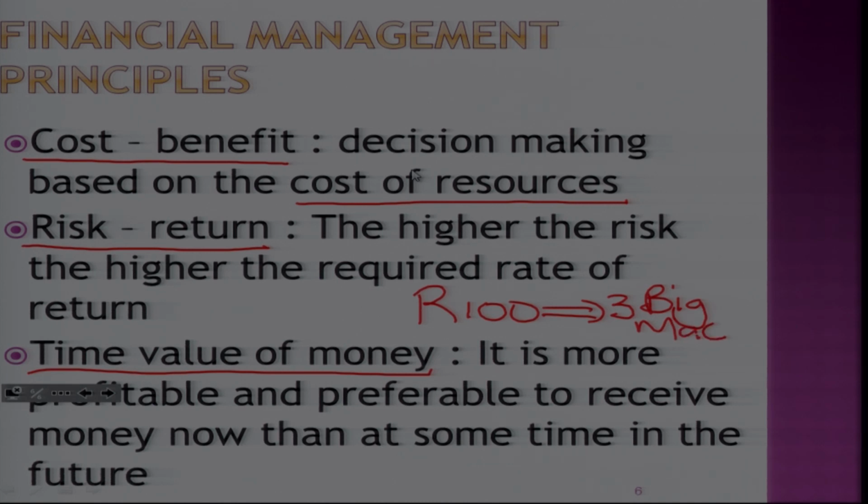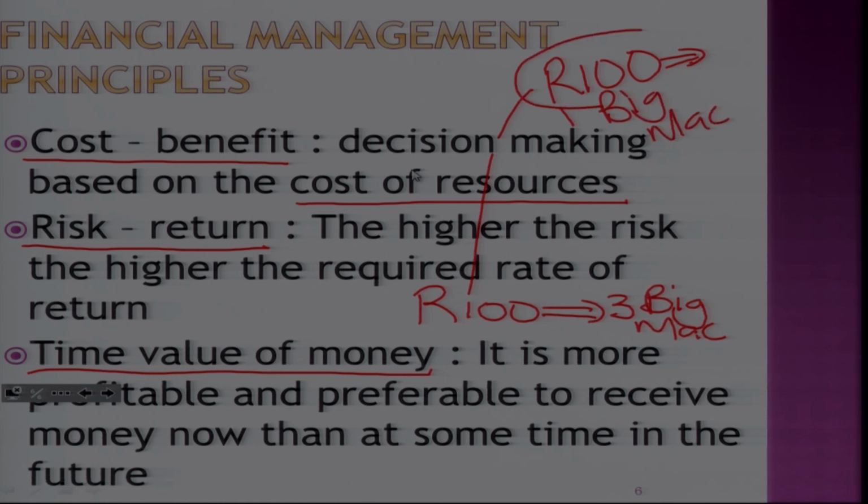Today, with the same 100 Rand, remember 3 years ago, this 100 Rand was blue, the value was 100 Rand. With that same blue 100 Rand, same value, today you can barely buy 2. So let's say you can only buy 1 Big Mac.